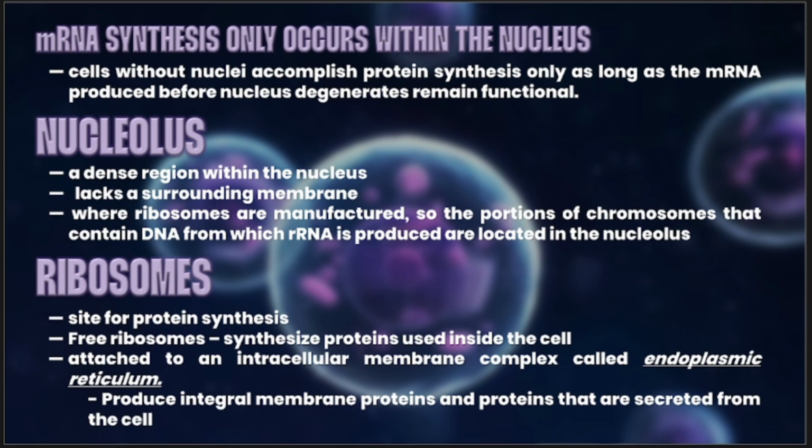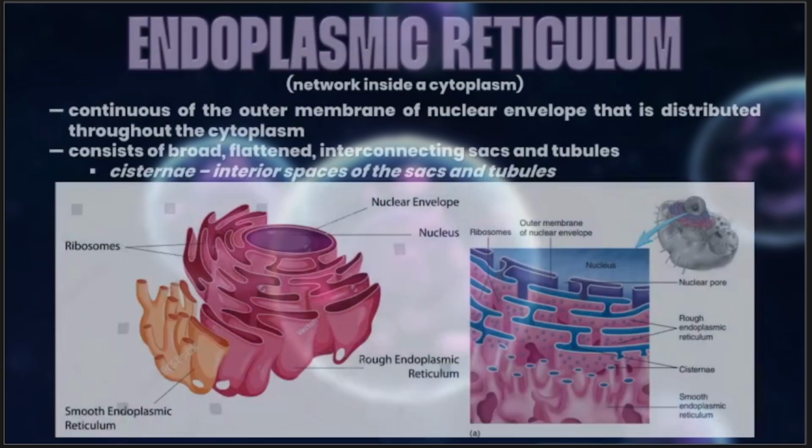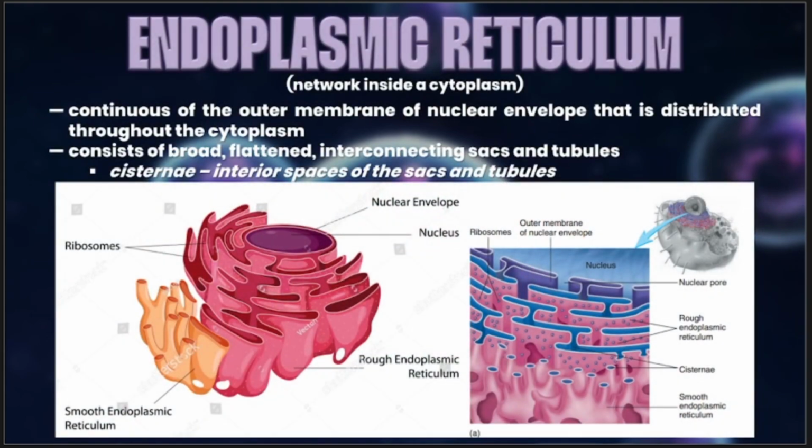Okay? Now, since we have talked about your endoplasmic reticulum, your ER is a convoluted membranous network that extends from the surface of the nucleus to the cell membrane. It encloses a series of interconnecting channels, sacs and tubules which we call your cisternae. And your cisternae are in fact the interior spaces of the sacs and tubules.